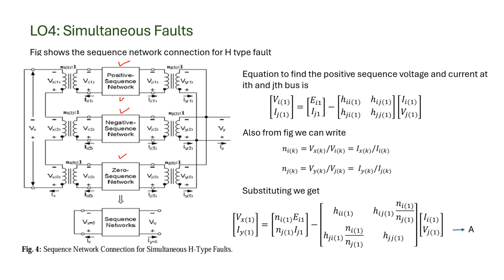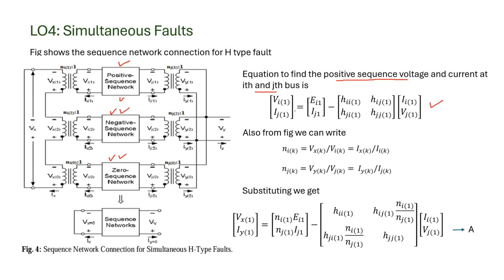Okay, so this positive sequence network represents a two port model of the positive sequence network, and this is the two port network of negative sequence network, and this is the two port model of zero sequence network in H parameters. So these are the equations you can have to get the positive sequence voltage and current at ith and jth bus.